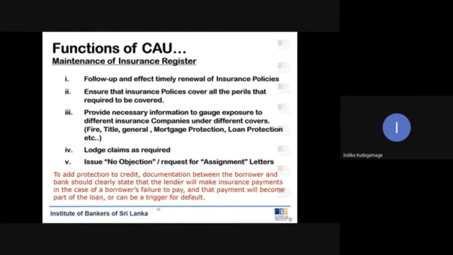Insurance is a very important part for a credit person, because our mortgage is our second way out. If everything goes wrong, we need to recover through the mortgage. If we have not taken insurance and some calamity happens, we will lose that part. Then the second way out is gone. Again, the customer will be affected by two things.